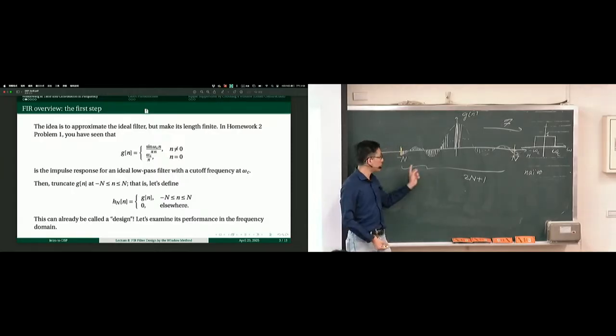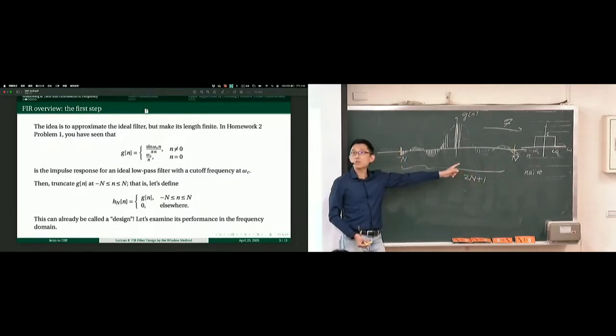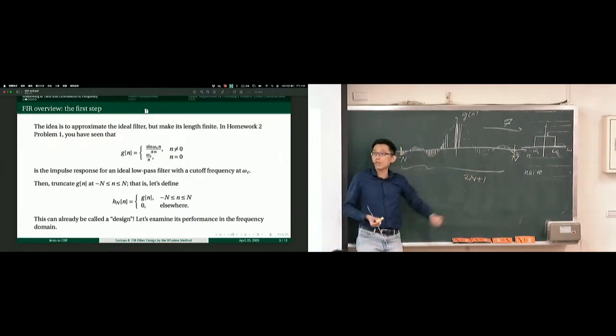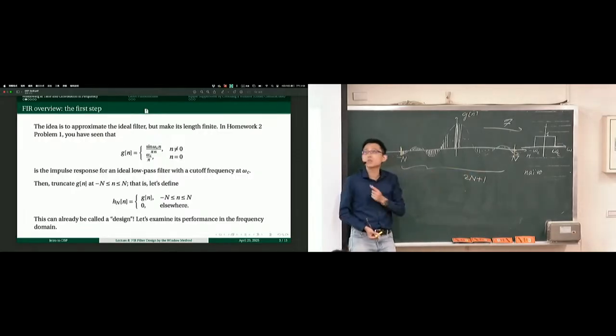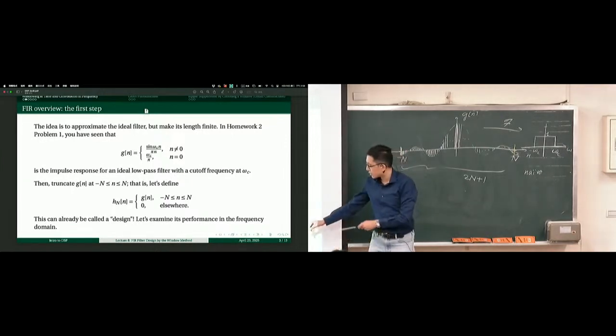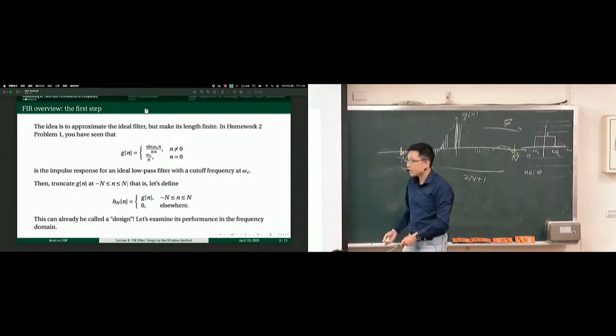It has finitely many samples, 2n plus 1, maybe 1,000 plus 1. Maybe big, but it can be implemented by storing all the filter coefficients in a long array, in hardware or software. This design is not bad. Naive, but not bad.